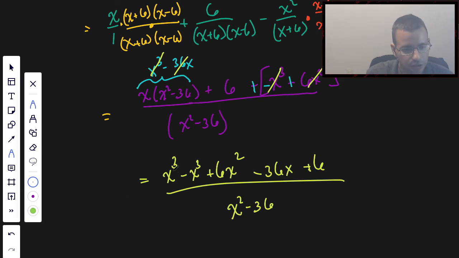From here, the x cubed and negative x cubed cancel. The rest all stay the same.